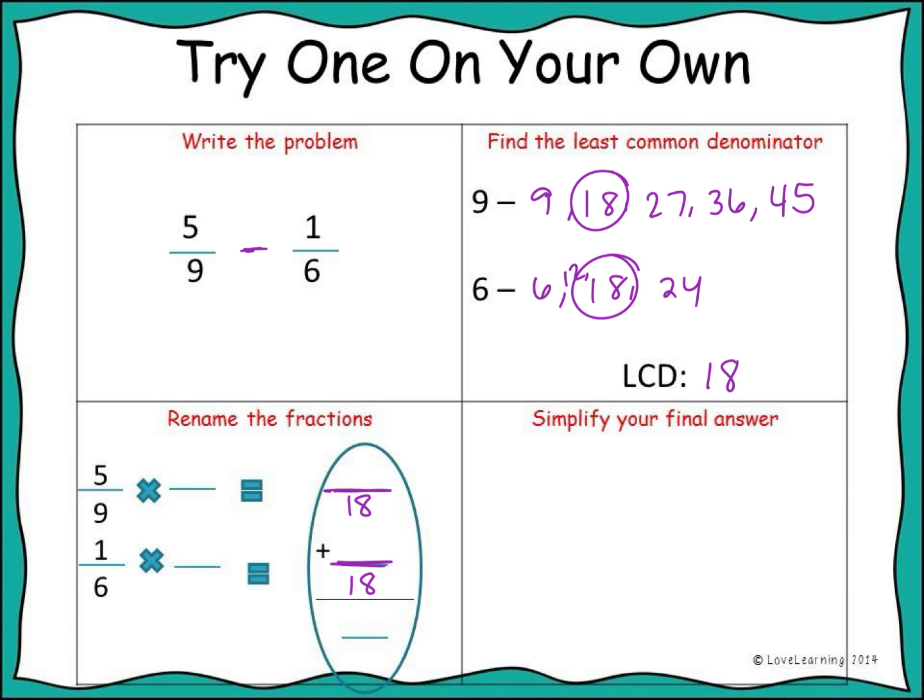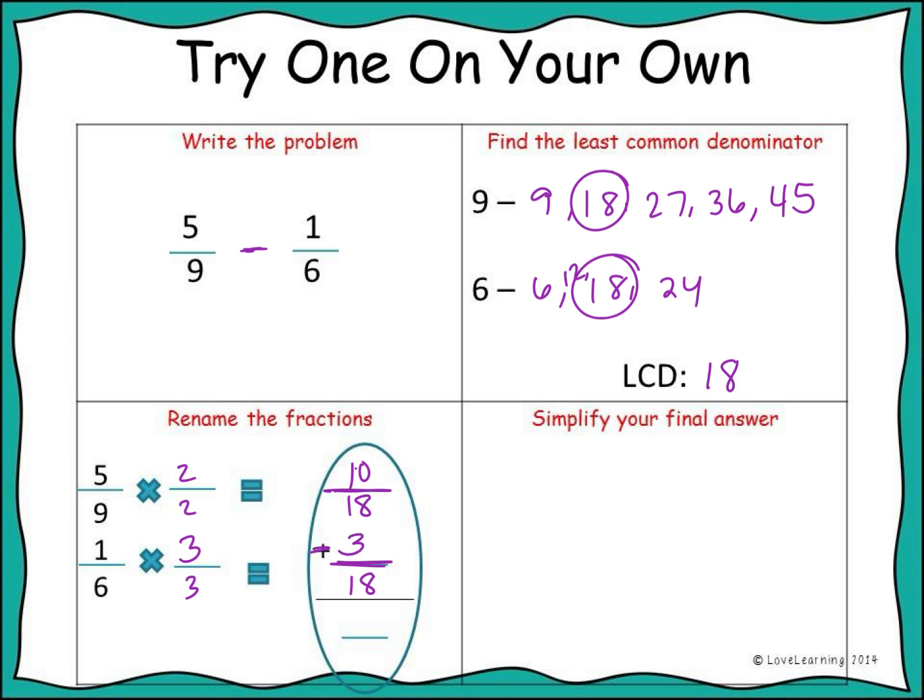So what am I multiplying 9 times? Okay, 2. So same thing to the top then. 5 times 2 makes that 10. So 10/18 is equivalent to my original 5/9. Now on the bottom, 6 times 3 is 18. So 1 times 3 is 3.